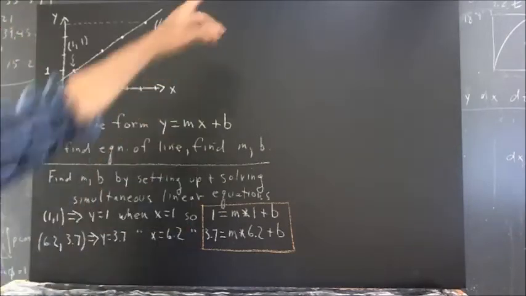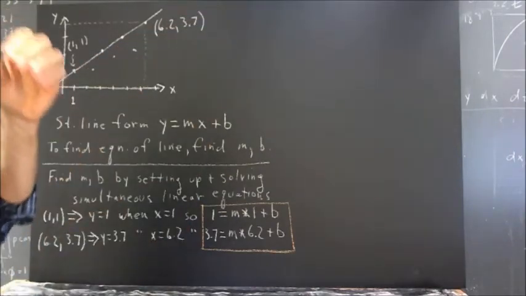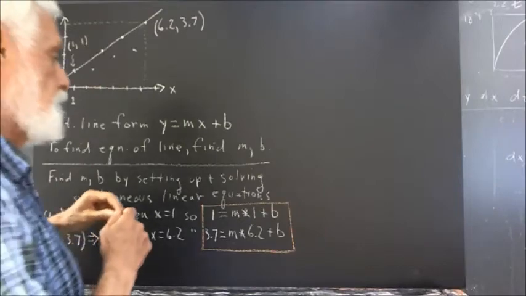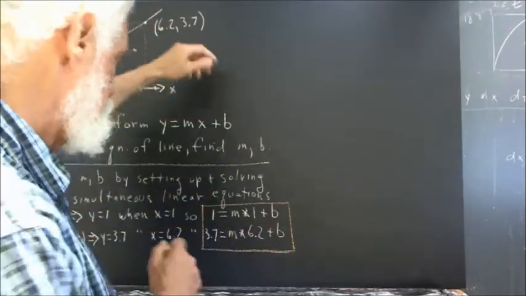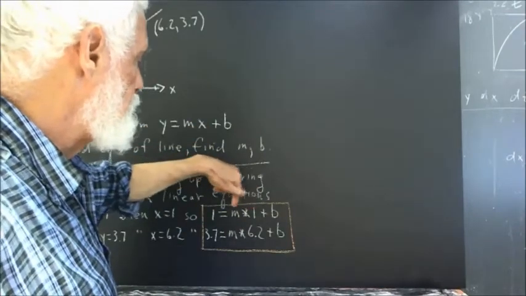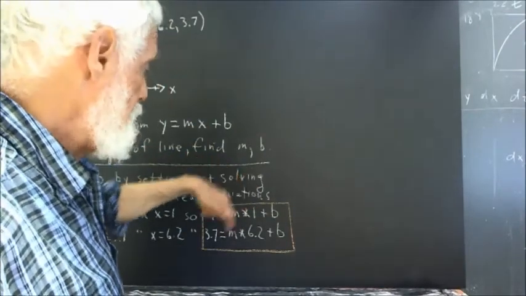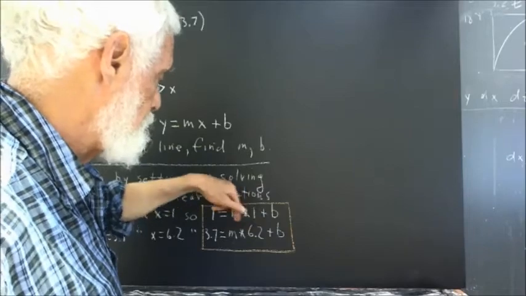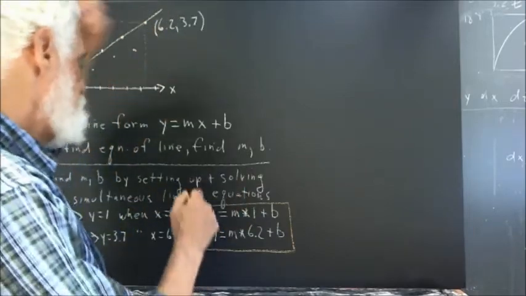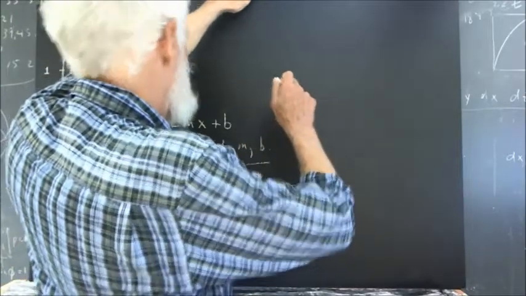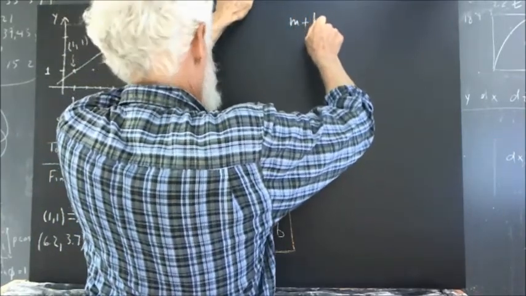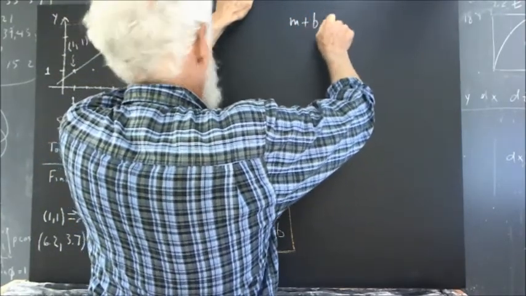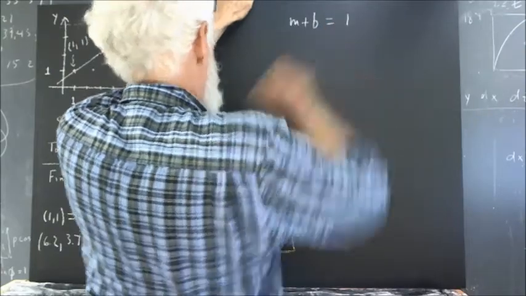Now, I'm going to rewrite those equations up here so that we can work them out. I'm going to reverse the sides of the equation. We know that's not going to hurt anything. And instead of 1 times m, I'm just going to write m. Instead of m times 6.2, I'm going to write 6.2m. So I'm going to have m plus b equals 1.